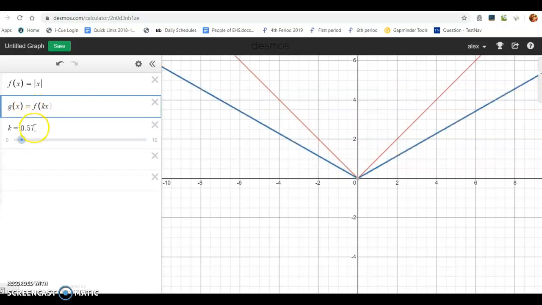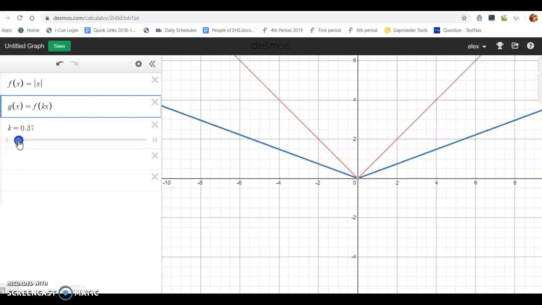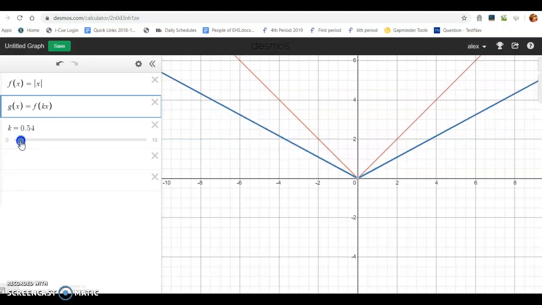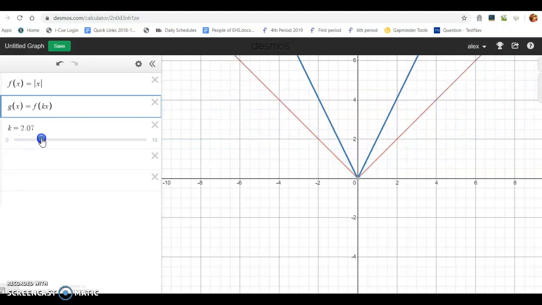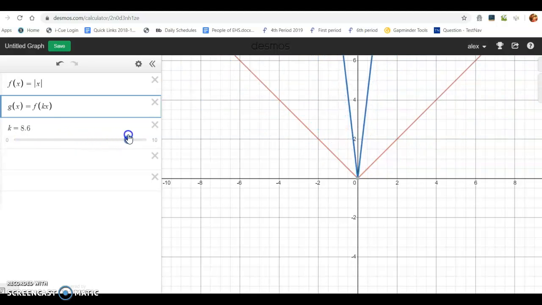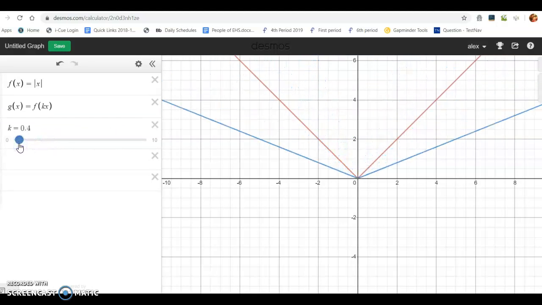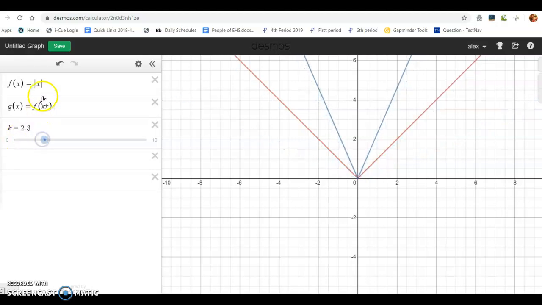And as I slide this k value so that it's less than 1, notice how it's pushing it away from the y-axis. And as I make k bigger than 1, it's compressing it towards the y-axis. So that's the change. We're multiplying by a number first, and then we're plugging it into the function, and that is pushing it or pulling it away from the y-axis.